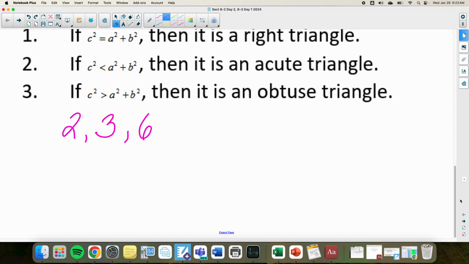Say that I measured a 6-inch straw, and then we did the 2-inch straw here and the 3-inch straw here. Oh, that doesn't look very accurate, but pretend that one's a little bit bigger. Do you feel that you would be able to make a triangle with those lengths?